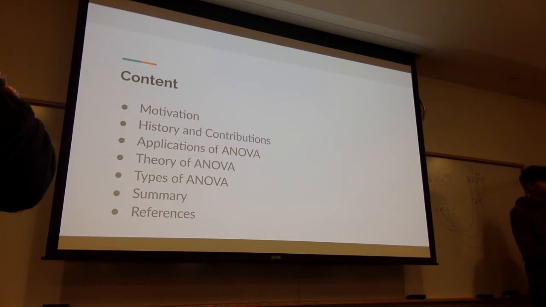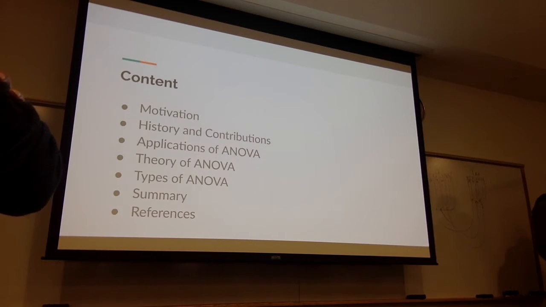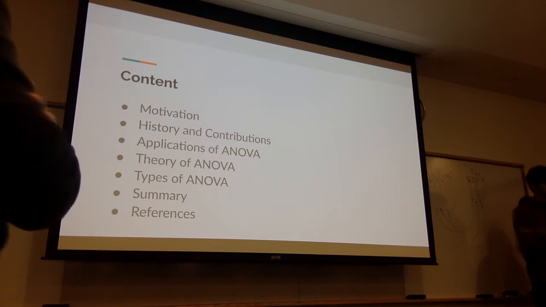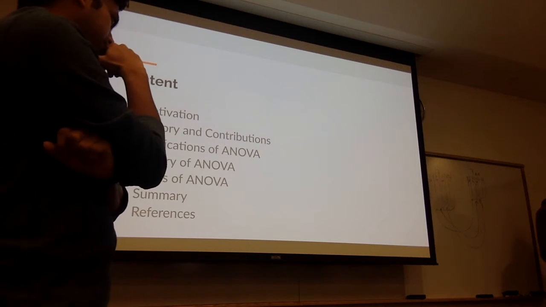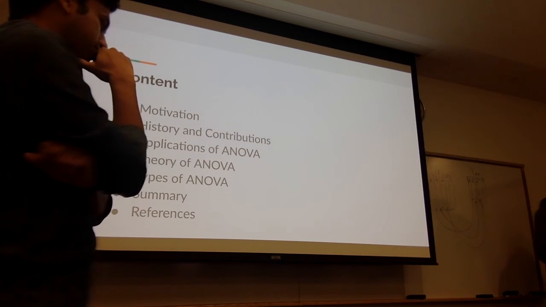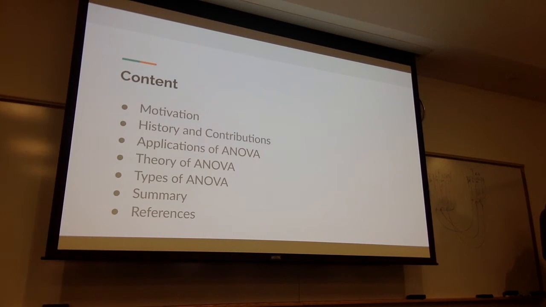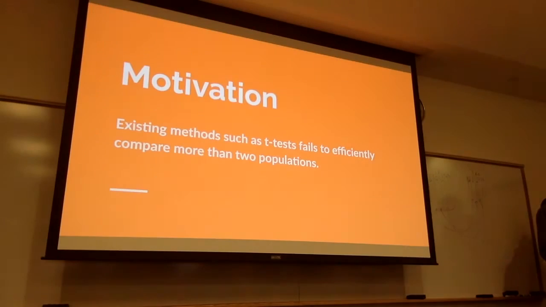Now we will see how we're gonna do. So after knowing the need for Anova, let's discuss the agenda. I spoke about the motivation, the need, and we'll talk about the history and the contributions, who was responsible for this algorithm, and we'll see the applications and the theory behind that, and types of Anova, and we'll summarize the presentation.